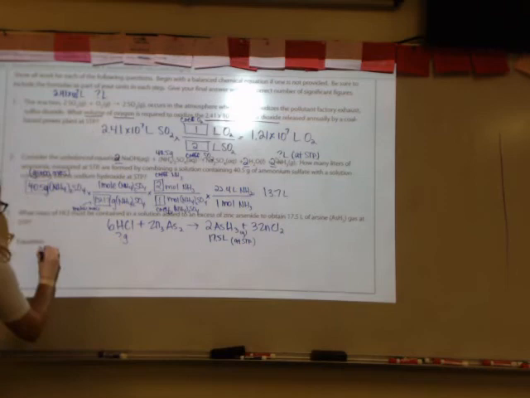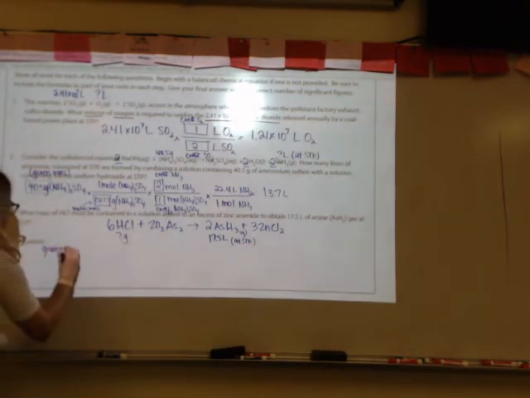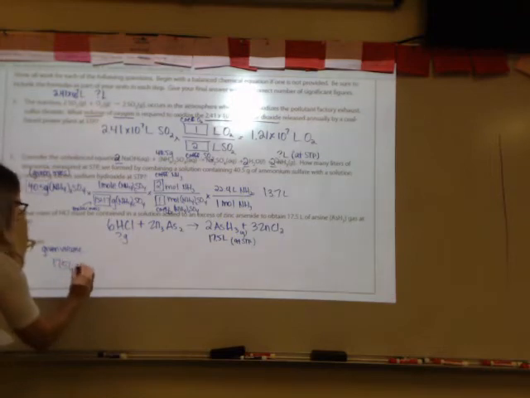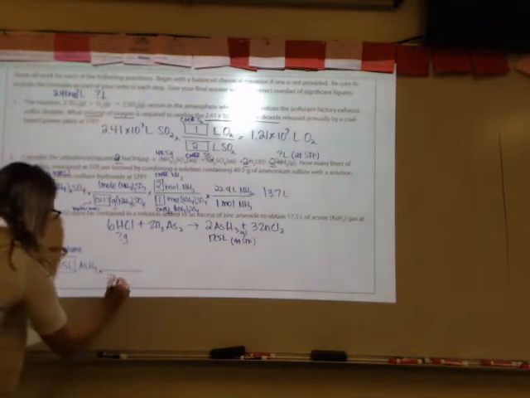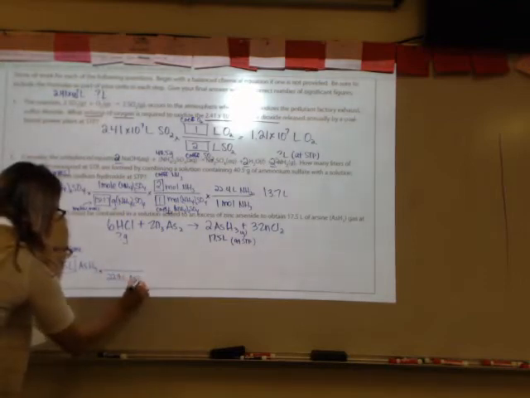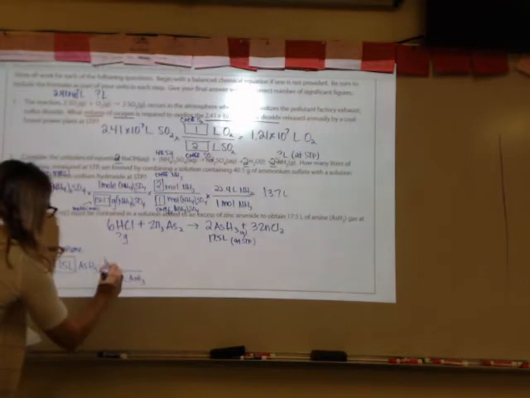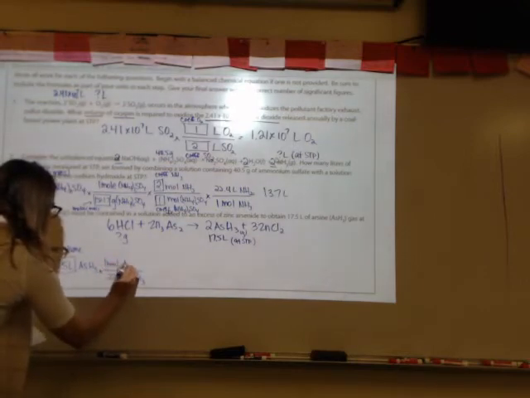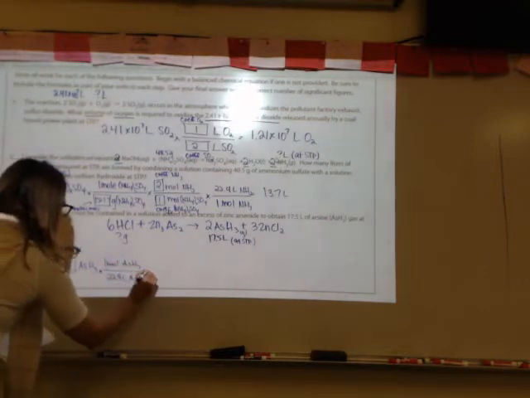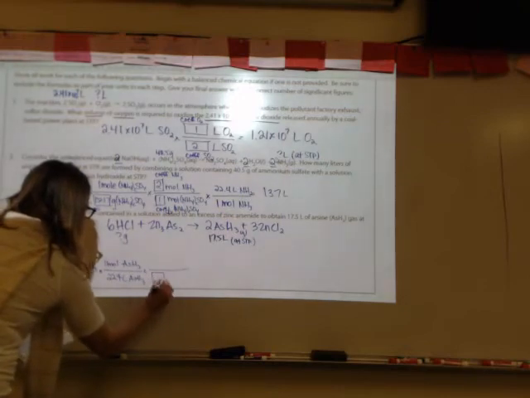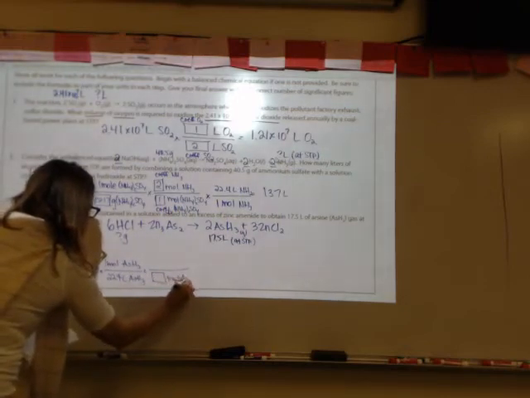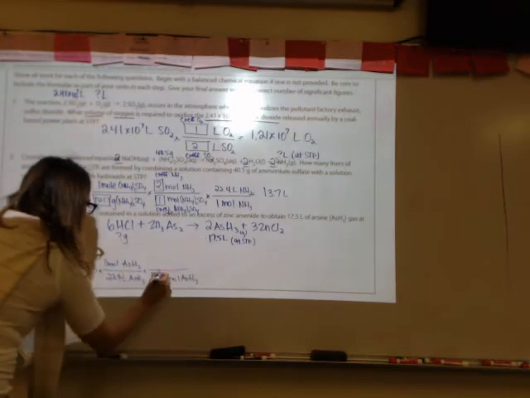So if you're given a volume, it will go here. On the diagonal, you will always put 22.4 liters. On the top, we'll go 1 mole, always. The number that goes here is the coefficient, which is a 2.